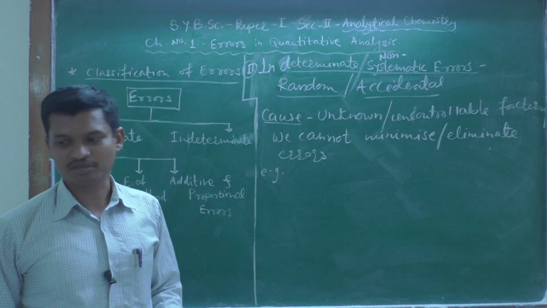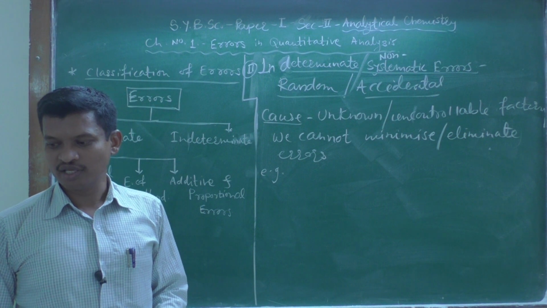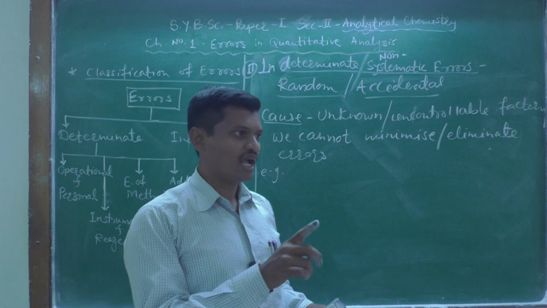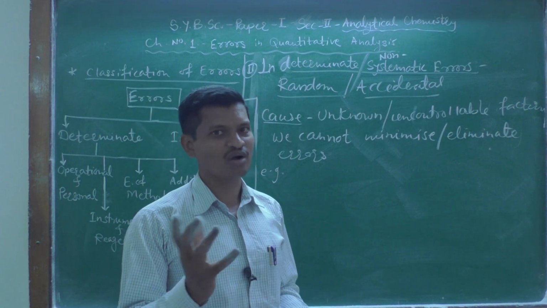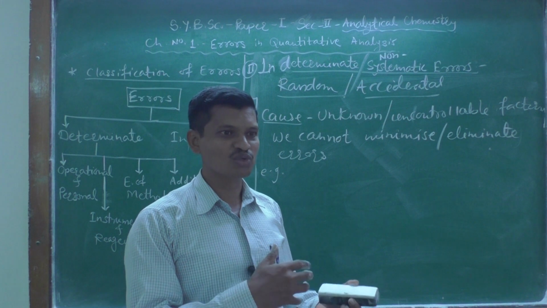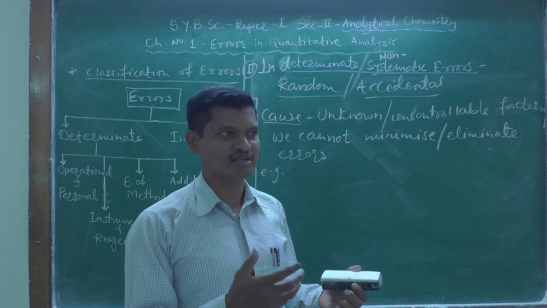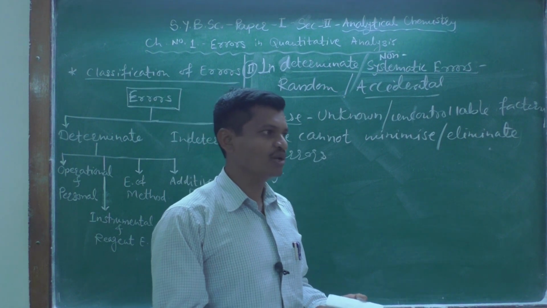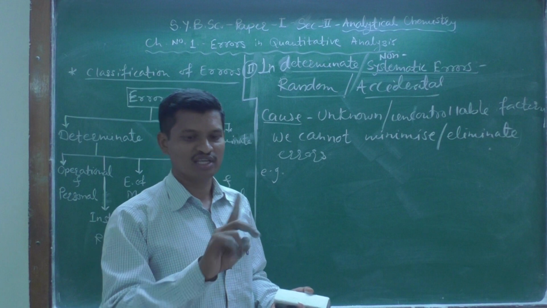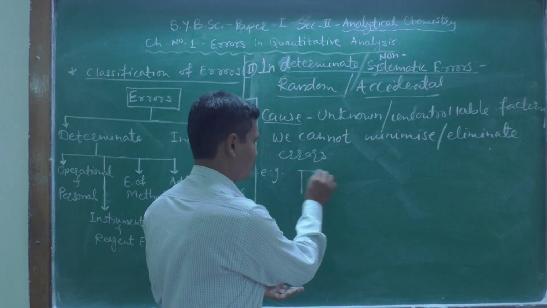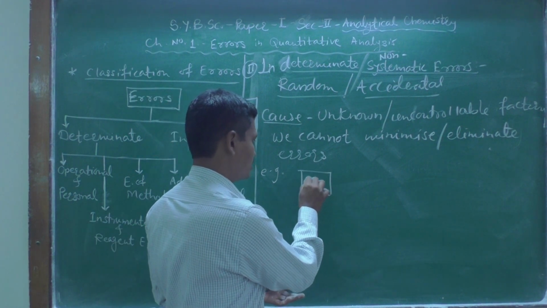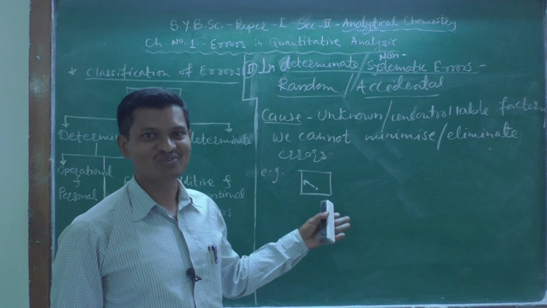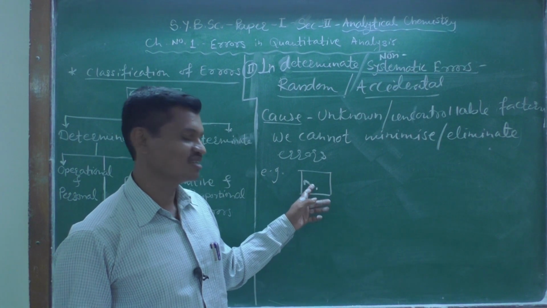Okay, what are the examples of indeterminate errors? For example, the needle of an analog pH meter, just like the voltmeter or ammeter that were used in the physics laboratory in 11th and 12th standard. The voltmeter and ammeter have a needle, and if the needle of that milliammeter or voltmeter is fluctuating continuously, we have no control on such things.